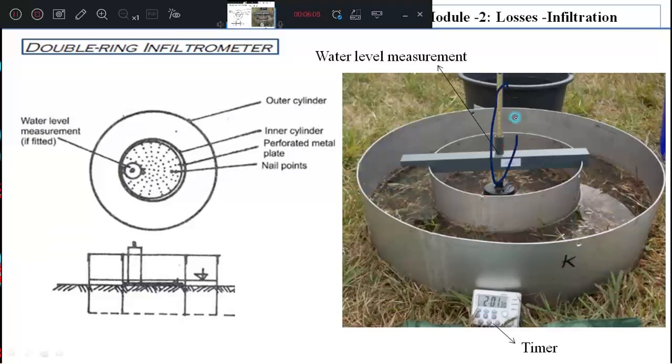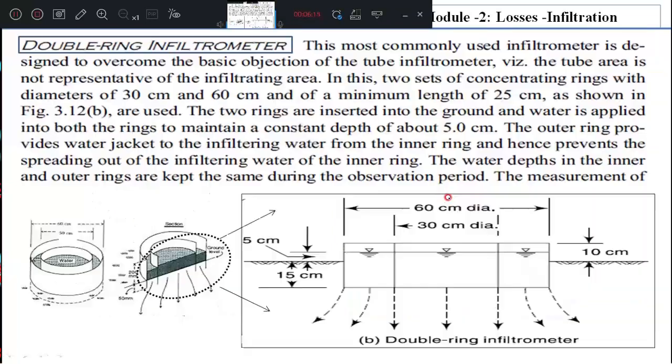Some graduations are there. Through this you switch on your stopwatch and start measuring. Here you can see the diagram: 60 centimeters outer and 30 centimeters inner, and you need to maintain the same water level in both.